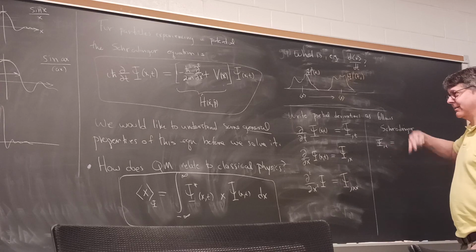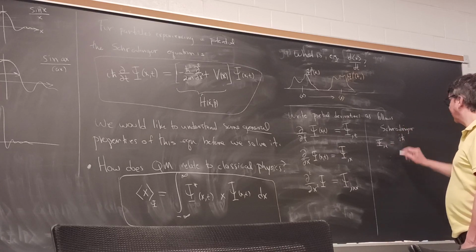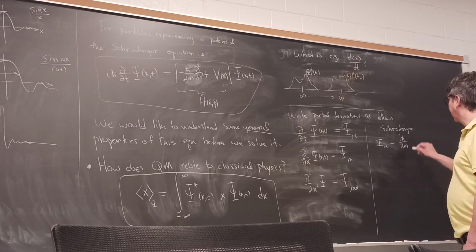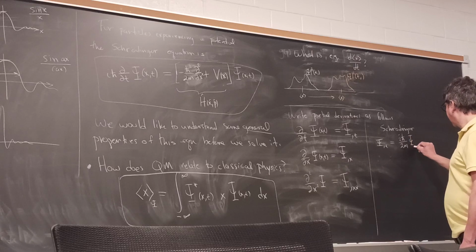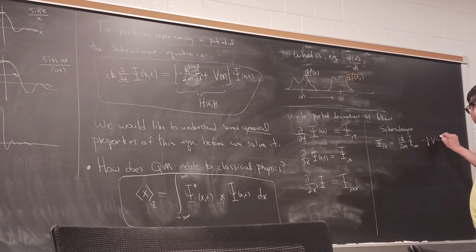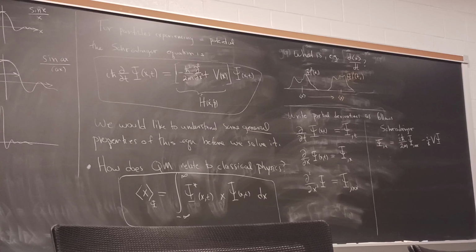I'm dividing by i, so I can bring it up top. I can write this as i h bar over 2m psi comma xx. And then that means that minus i over h bar V psi.